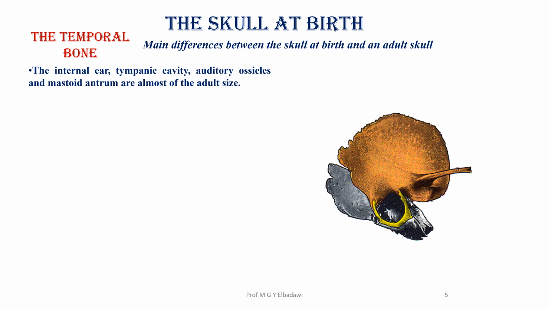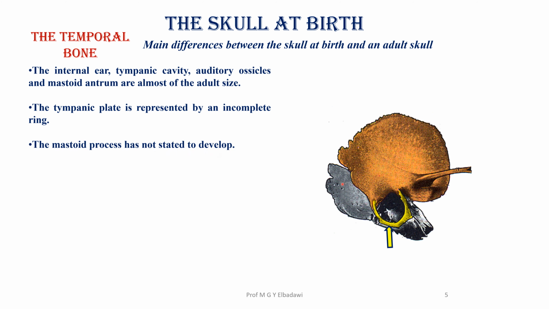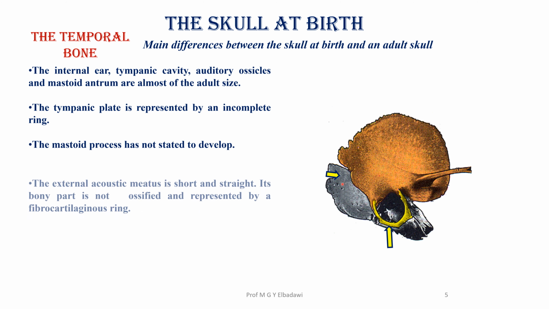Those responsible for hearing are almost of adult size, so the child can hear completely at birth, exactly like the adult. The tympanic plate is represented by an incomplete ring. You can see here that is the tympanic part of the temporal bone, which looks like a ring here.